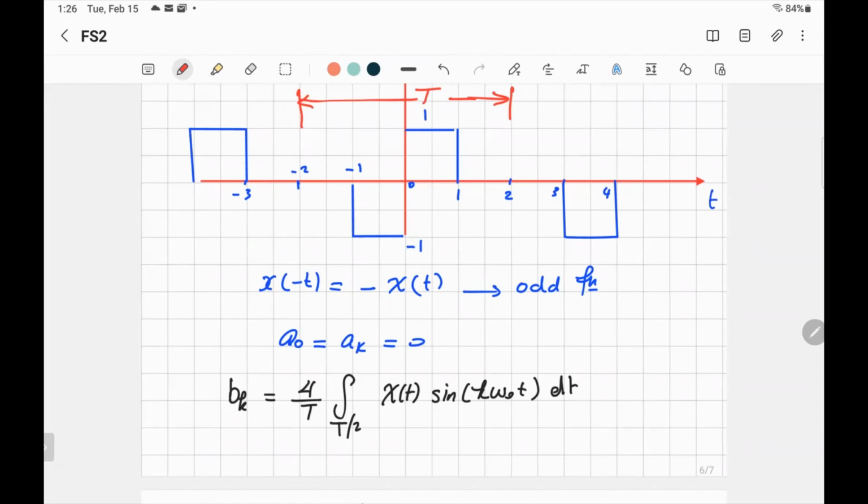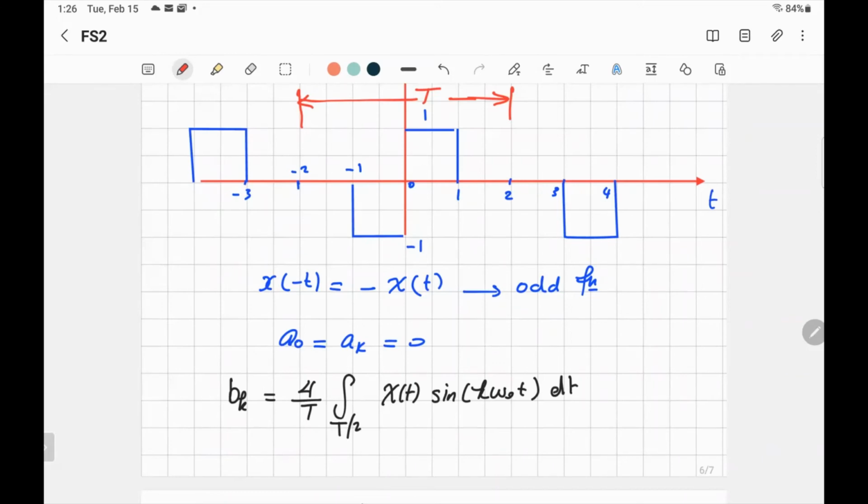Half period, I can just do from 0 to 2. Because if the period is 4, what is half period? 2, right? So the integration should be over 2 seconds, and those 2 seconds I can also take from -1 to 1. I can do that, right?